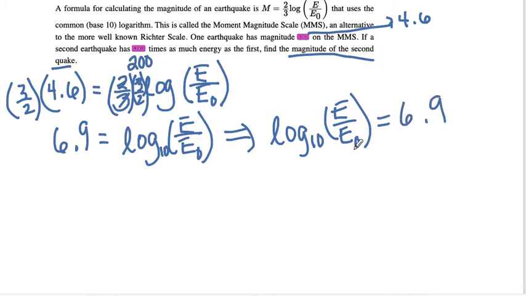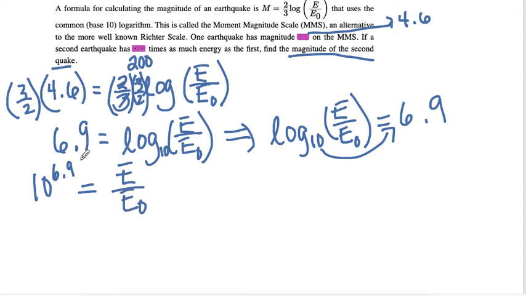So we take this base 10 and put it to this power: 10 to the power of 6.9 equals, and we're just left with E divided by E naught.